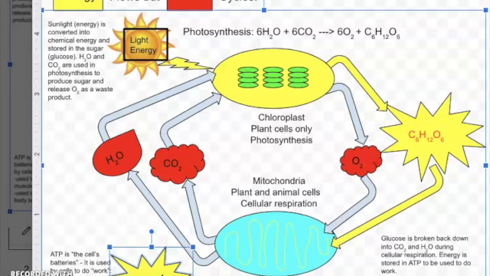It is ATP that our body can use to perform all of its functions. So ATP is a usable form of energy for us. We cannot use the chemical energy stored in these bonds. We can't use that directly. We have to change it into ATP energy for it to be used by our bodies.